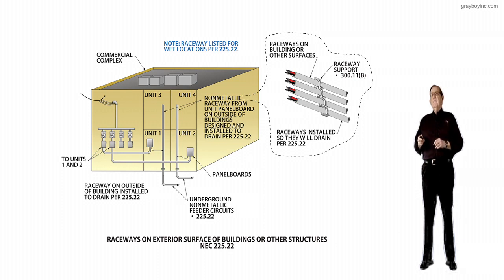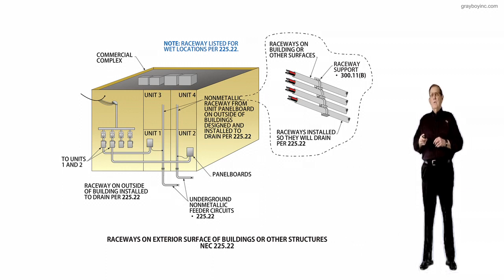But notice these raceways that are mounted on this building outside, 300.11(B) is your supports, and then notice these raceways are installed so that they will drain in accordance with 225.22.